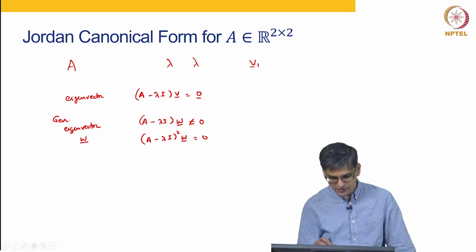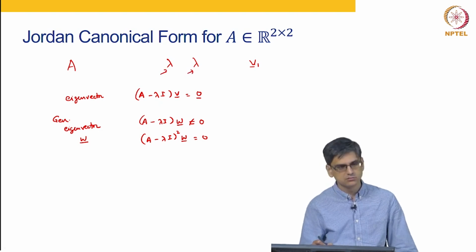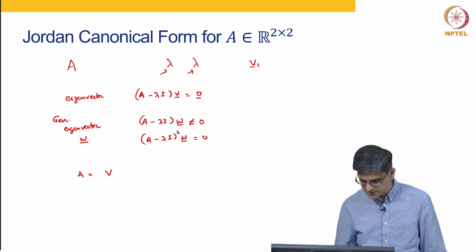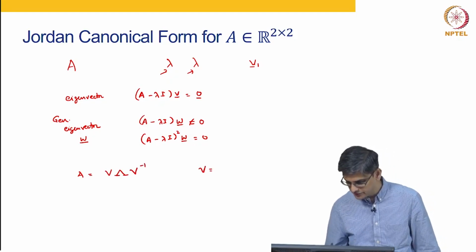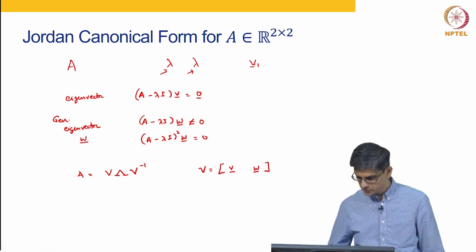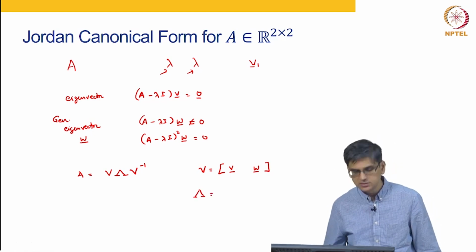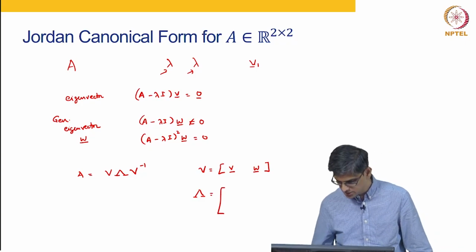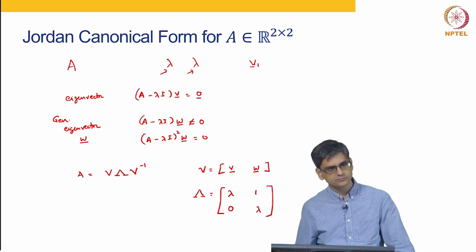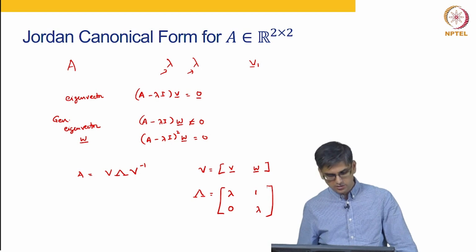But if there are repeated eigenvalues, then A will be represented as V lambda V inverse, where V is going to be made of the eigenvector and generalized eigenvector, and lambda, this is important, is going to be lambda 1 0 lambda. See the difference?